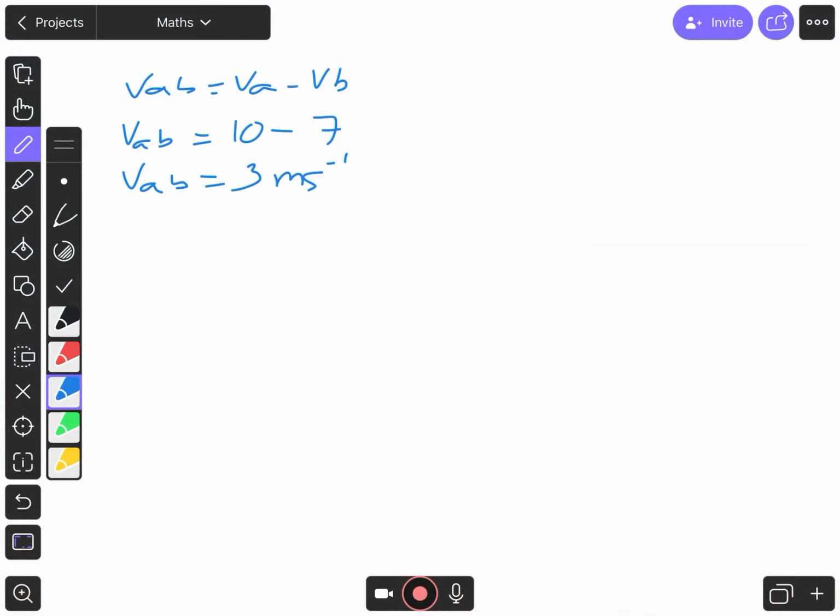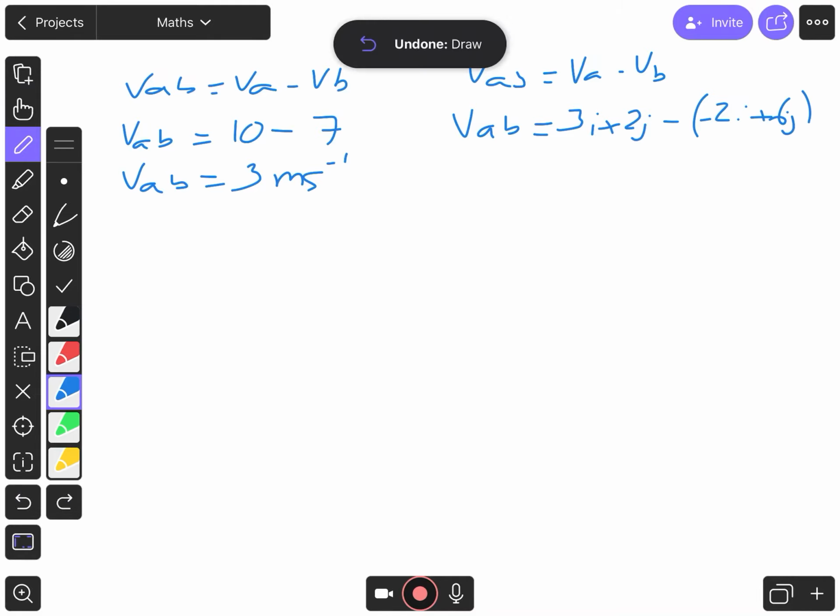I'm going to use the exact same thing. So I have VAB equals VA minus VB. My velocity of A relative to B is going to be the velocity of A, which was 3i plus 2j, minus the velocity of B, which was minus 2i plus 6j. With these, be careful, because when you're doing this, make sure that you put them in a bracket, because the signs are going to change.